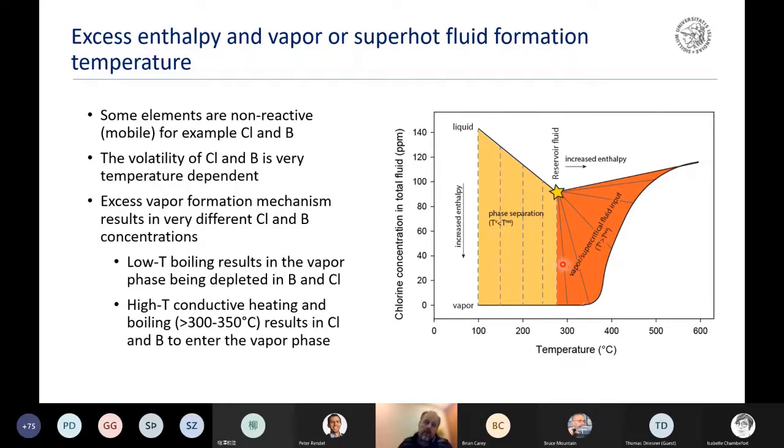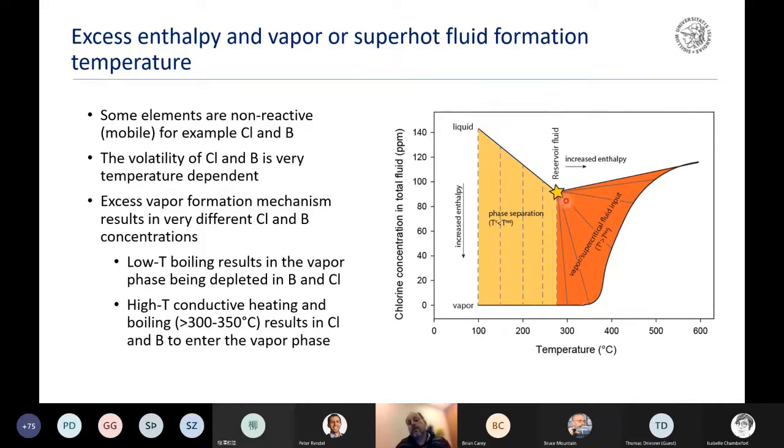So in terms of chlorine here, you can see, if you would start with a reservoir fluid and you would boil it along the two-phase curve of water, the vapor phase would have very low concentrations of chlorine, and the boiled liquid will become slowly more and more concentrated.